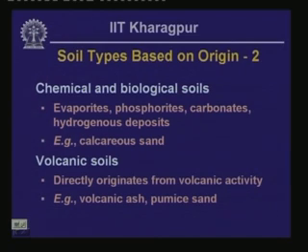solutions of carbonate minerals, or it could be hydrogenous deposits that develop in submarine environments near hydrothermal vents, which we will consider later on in one of the future presentations. Examples of these deposits include calcareous sand.